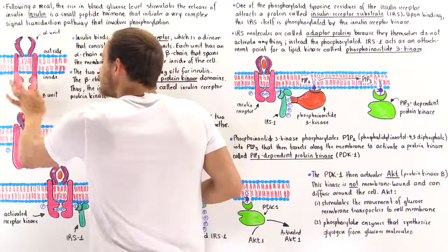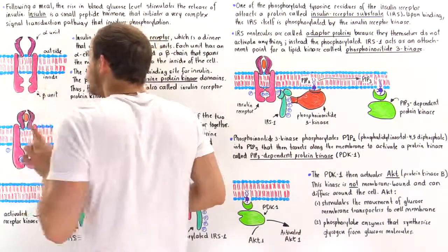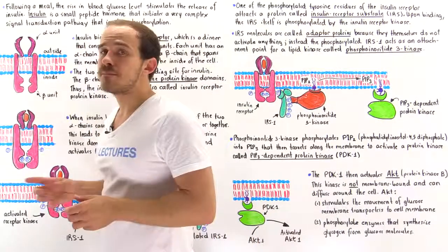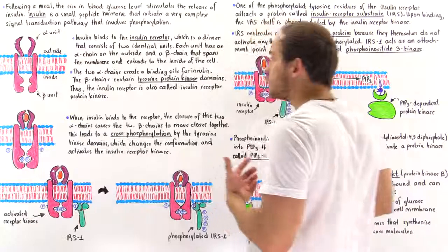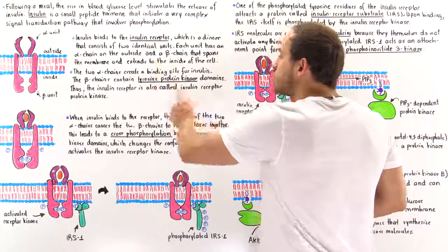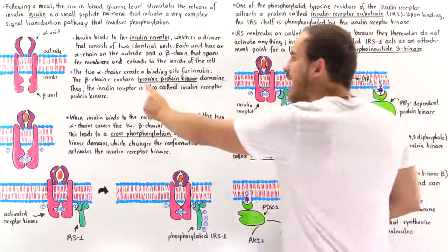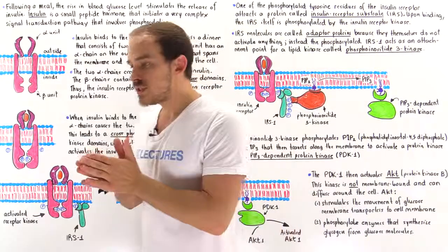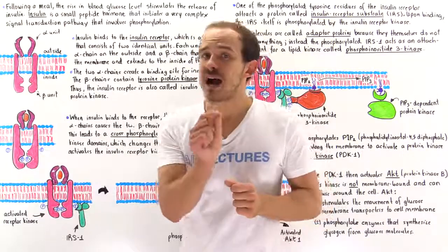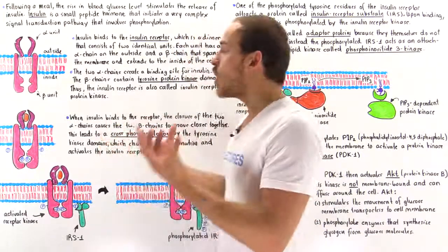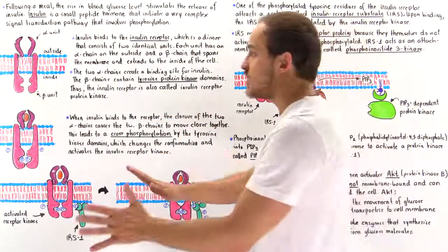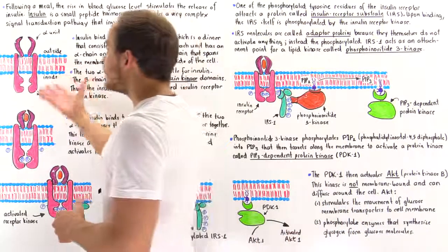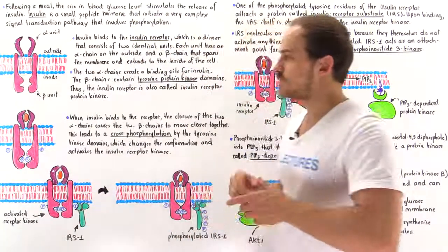These two regions of the beta subunits contain a very important section that gives this receptor its activity, and this section contains the tyrosine protein kinase domains. A tyrosine protein kinase is an enzyme that phosphorylates tyrosine amino acids on target proteins and enzymes, and we'll see what those are used for in just a moment. So this is what the insulin receptor actually looks like.